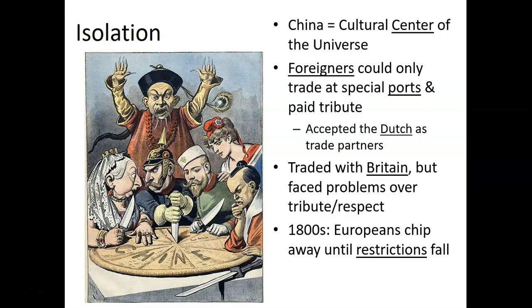Now, they do trade with Britain, but as Britain grows through the imperial and colonial period, they start to face problems over that idea of not only respect between different cultures and leadership, but also the tribute payments. And what this leads to is because of the problem that the Chinese had where they didn't industrialize, which is going to set them back.